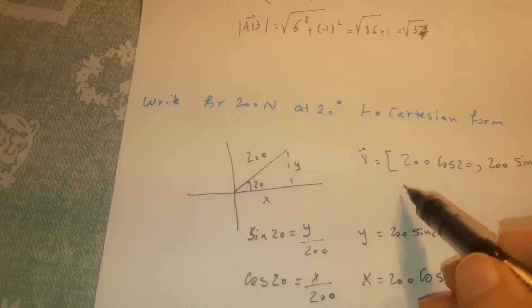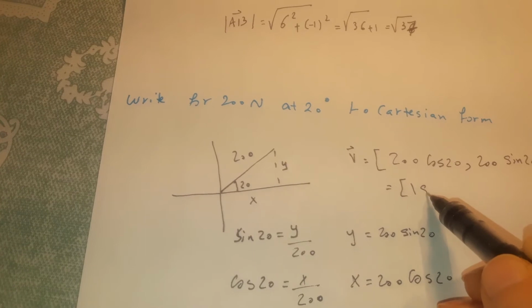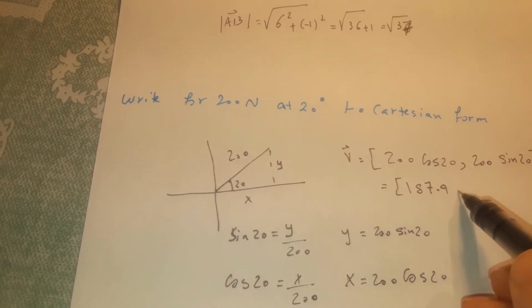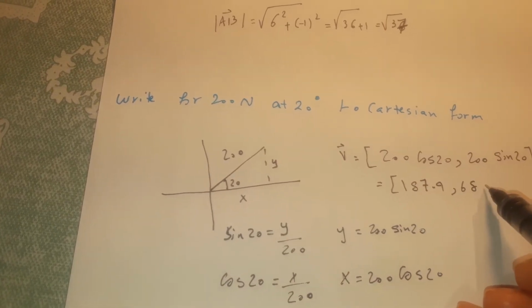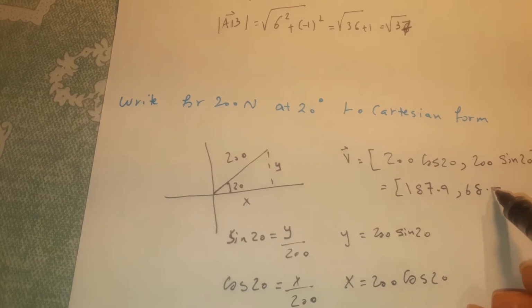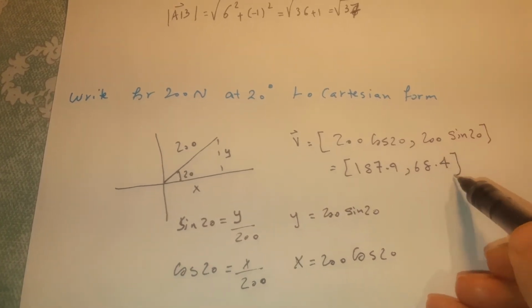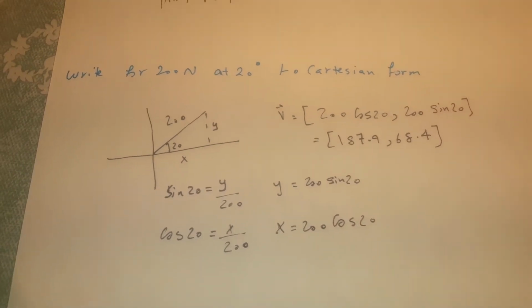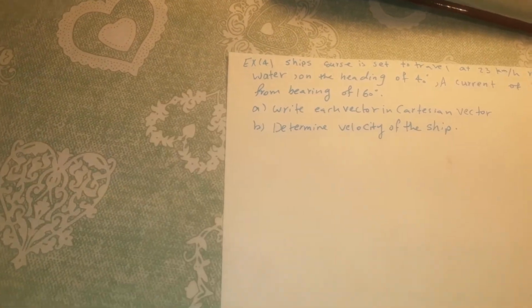You put that in a calculator, you will get 187.9 and 68.4. That would be the x and y component of this vector. So the next question.